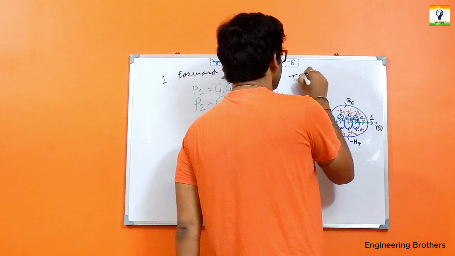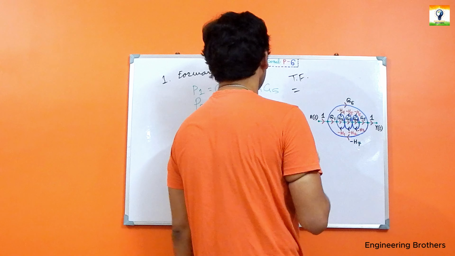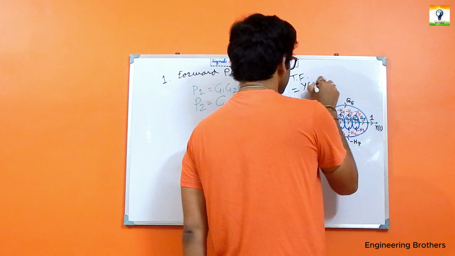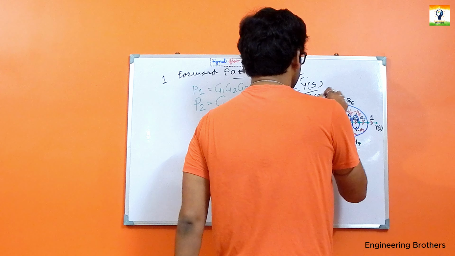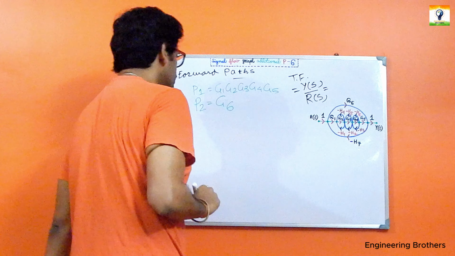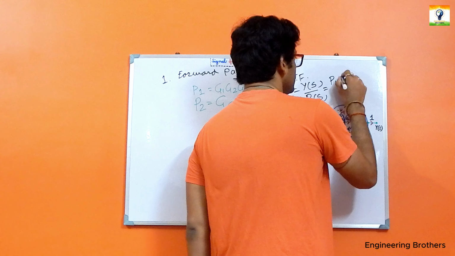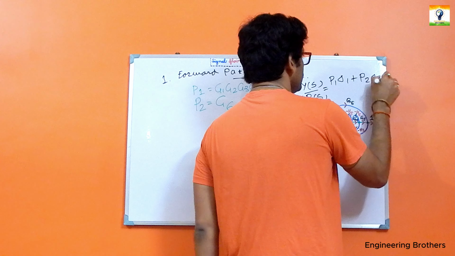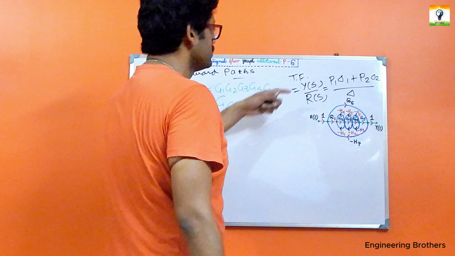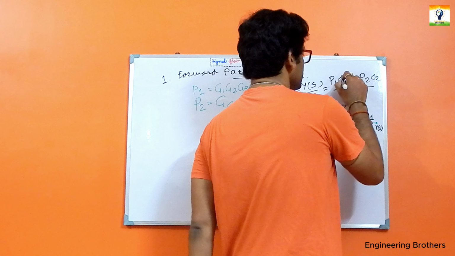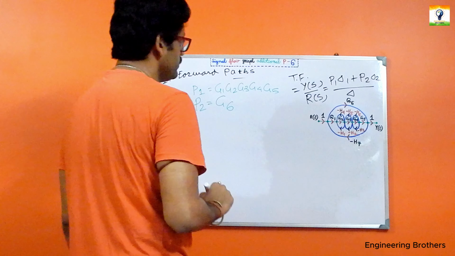According to the Mason gain formula, the transfer function, which is output divided by input, Y(s) divided by R(s), with 2 forward paths, is P1 delta 1 plus P2 delta 2, divided by delta. In the upcoming stages, we should find the expressions for delta, delta 1 and delta 2.